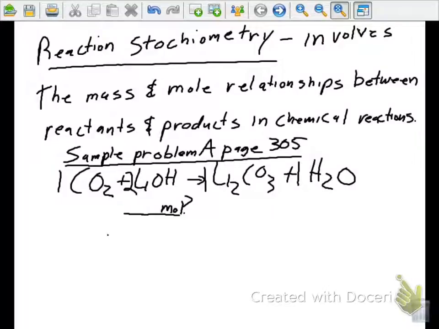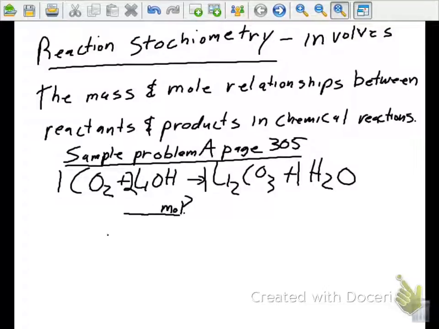I'm going to try to solve for that. If I wanted to find moles of CO2, I'd do a line under that and put moles under that, and I want to fill in that value.